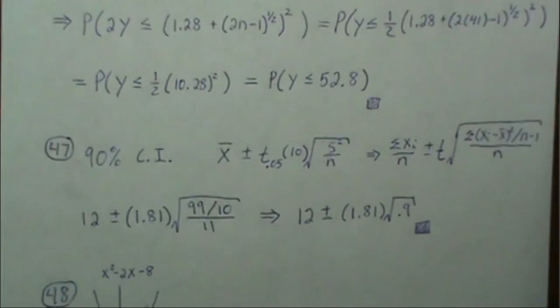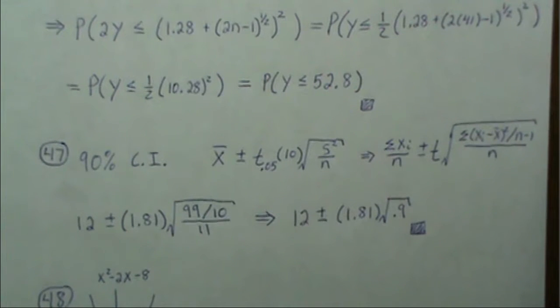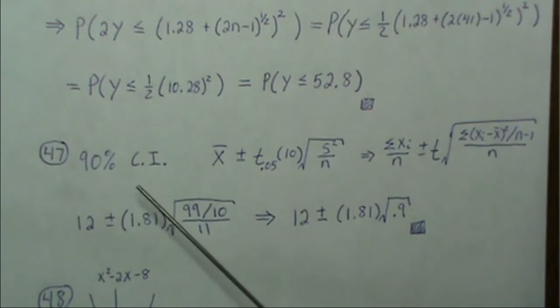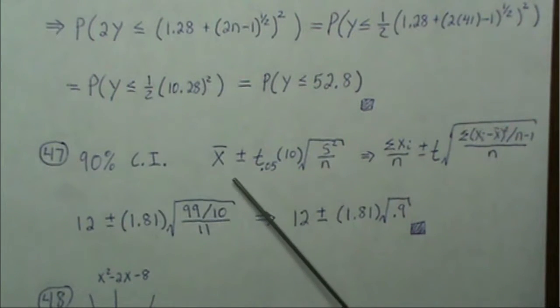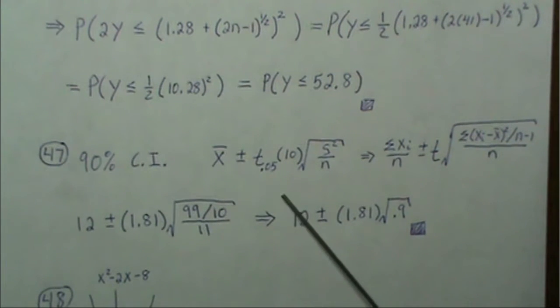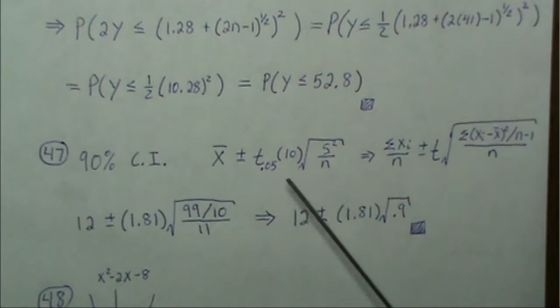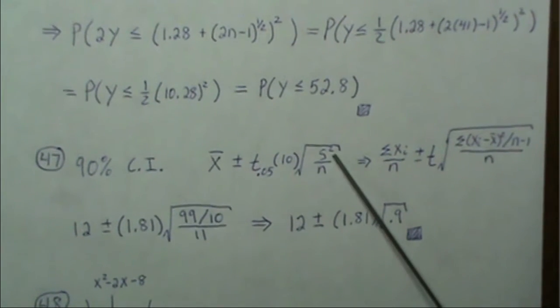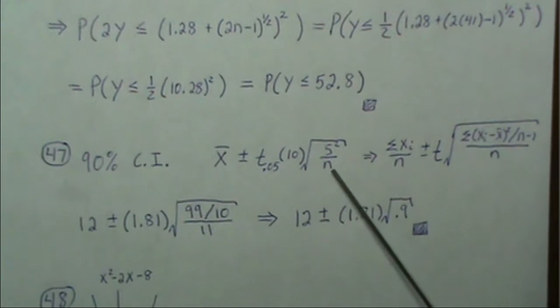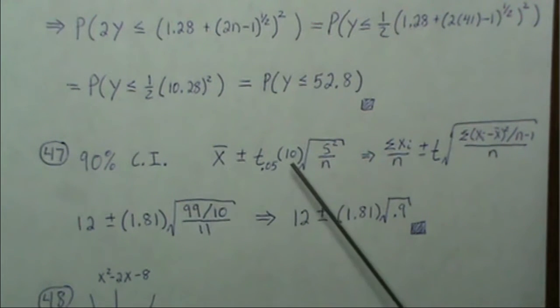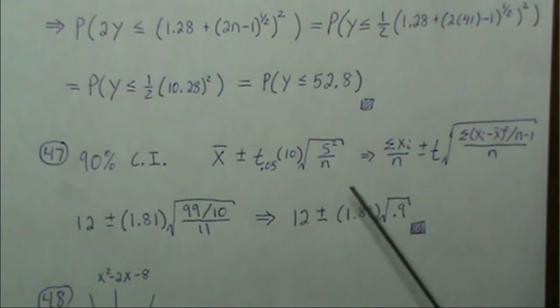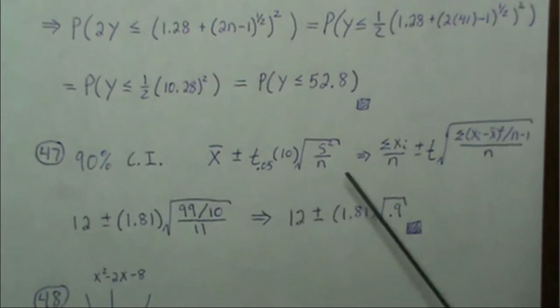So number 47, we want to find the confidence interval. A 90% confidence interval is this, and that's when the mean and the variance are unknown. So we use the t distribution, the sample variance and the sample size, and it's n minus 1, so it's 10, and then we start plugging in information that we know.